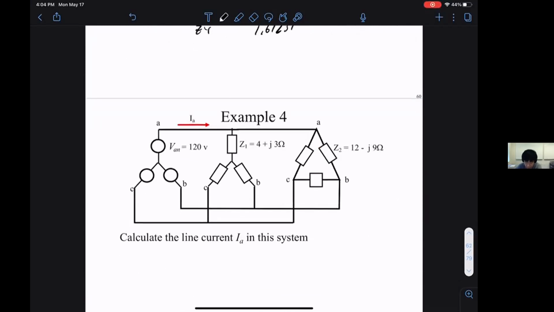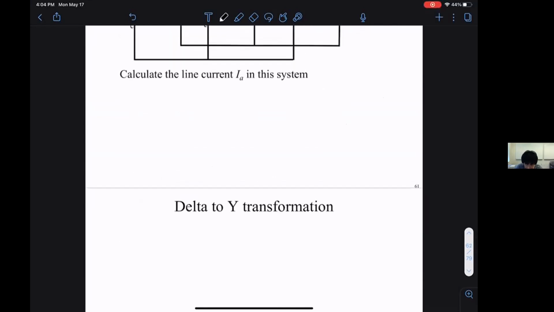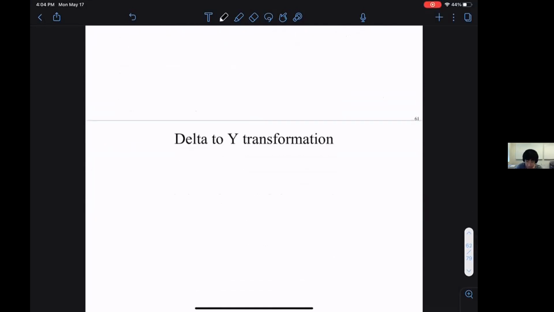So here, let's say I still want to compute the current on this line, but now I have a Y connected load and a delta connected load. So the first thing is to do a delta to Y transformation. The thing we want to do is convert everything to a Y connected system.